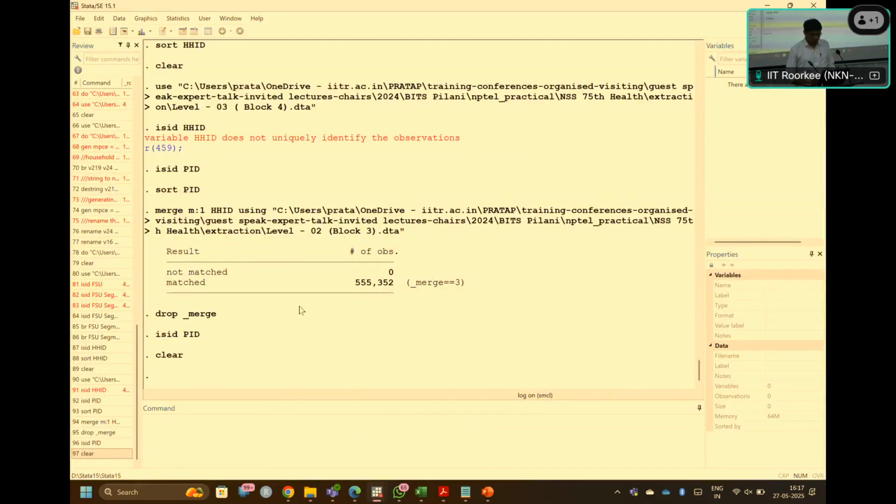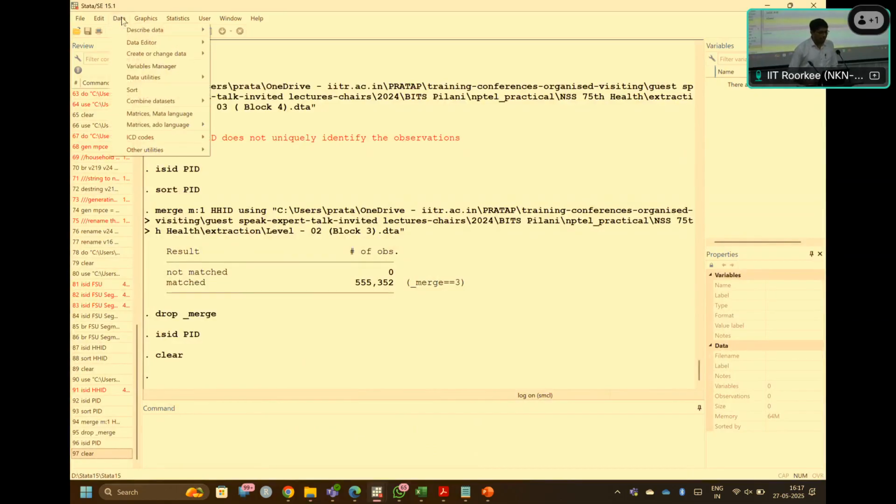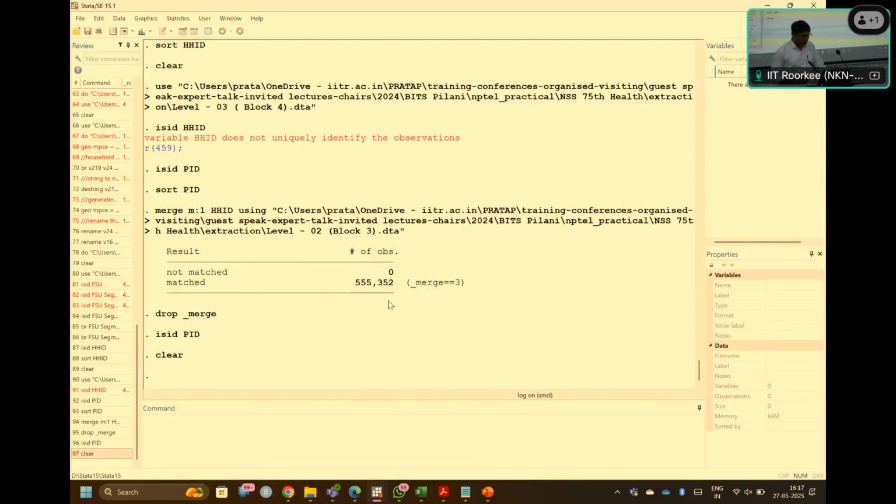Okay, so merging we have done. When I click this, combining the data by this approach, you just saw that the merge is m to 1 with the unique ID. It is successfully merged, so we have got the data. Now we have to understand how the other levels are going to be merged.